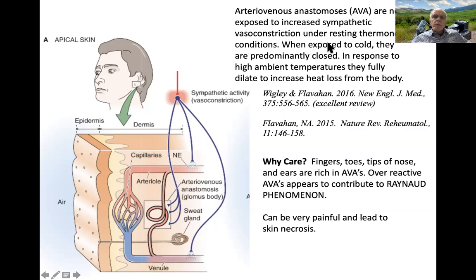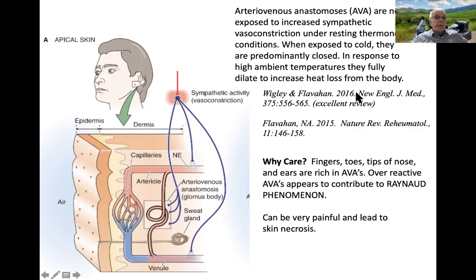Now, when they're exposed to cold, like if it's wintertime and I walk outside, my ears, oh man, my ears hurt, they're getting cold, okay? They just basically shut down and close completely. So it reduces blood flow to the skin. You also get some constriction of these arterioles over here as well.